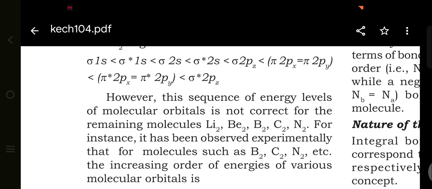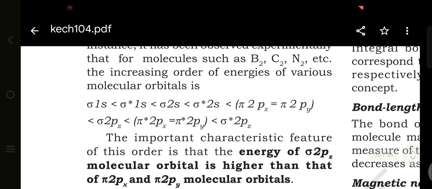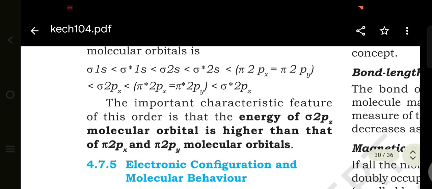For instance, it has been observed experimentally that for molecules such as B2, C2, N2, etc., the increasing order of the energy of various molecular orbitals is sigma 1s, then sigma star 1s, then sigma 2s, then sigma star 2s, then pi 2px equals pi 2py, which is less than sigma 2pz, which is less than pi star 2px equals pi star 2py, which is less than sigma star 2pz. The important characteristic feature of this order is that the energy of the sigma 2pz molecular orbital is higher than that of the pi 2px and pi 2py molecular orbitals.